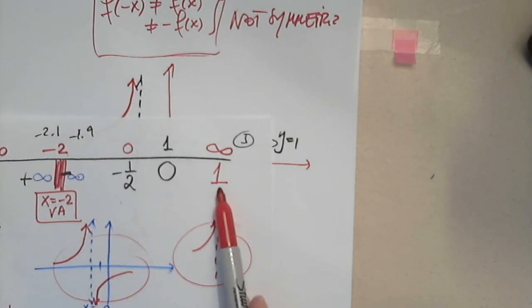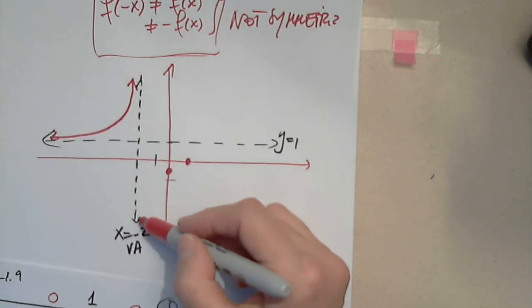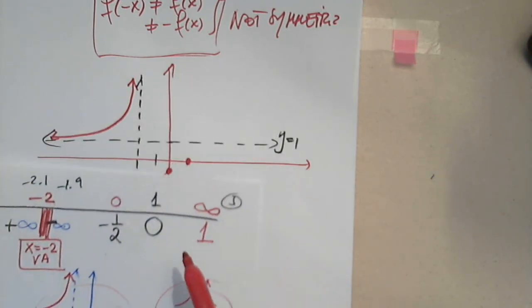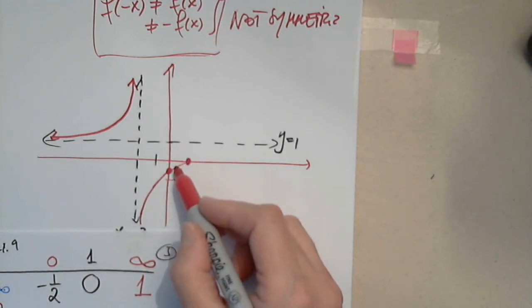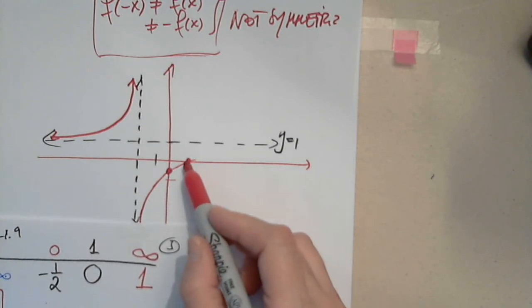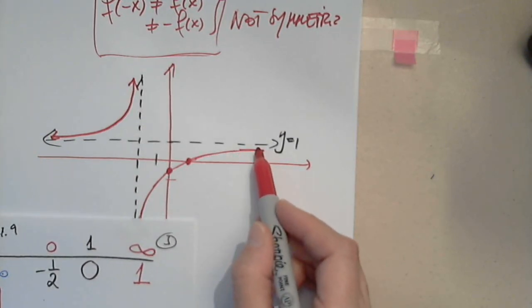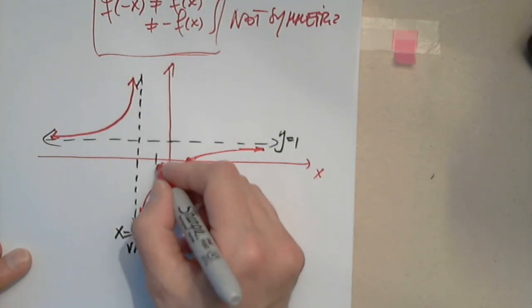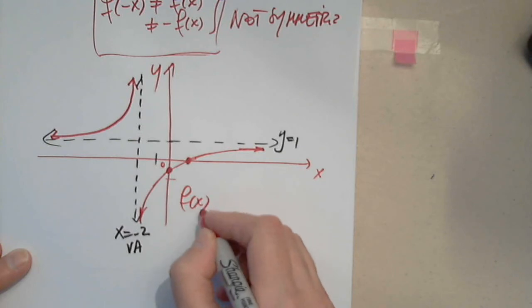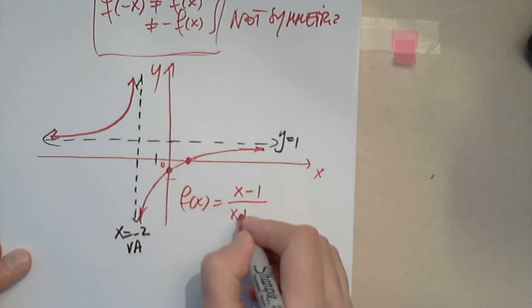That's all this says. This is the graph of the function x minus 1 over x plus 2.